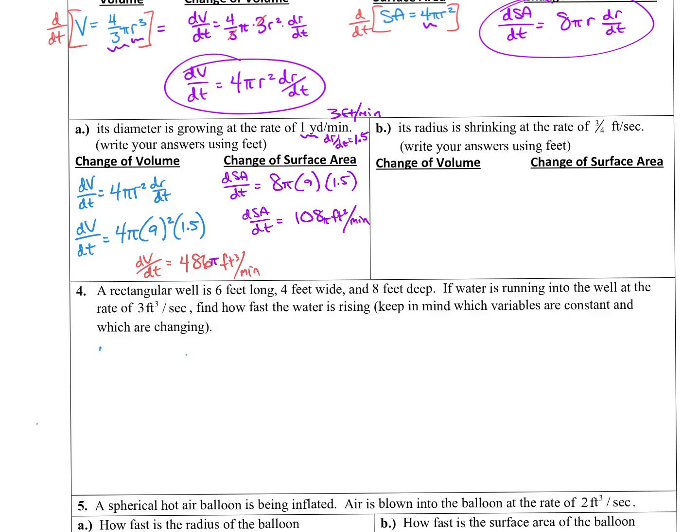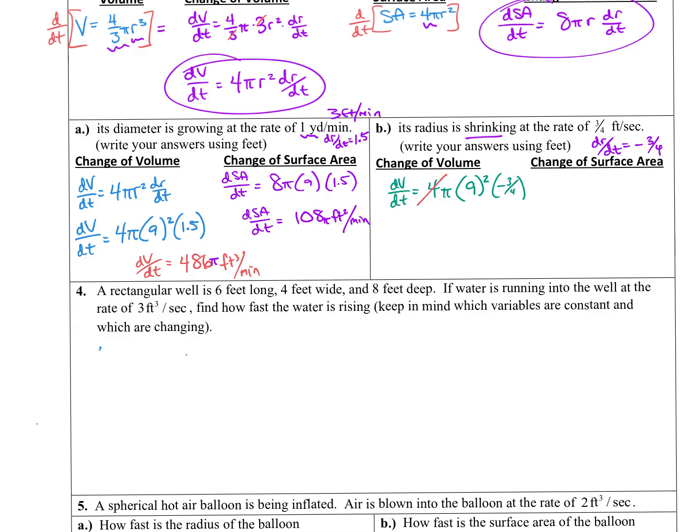Alrighty, number B, the radius is shrinking at a rate. So shrinking, so I know that dr/dt is going to be negative, negative 3/4. So the change of volume, dV/dt, is going to be 4 pi 9 squared, and this time dr/dt is negative 3/4. So, hey, check this out.